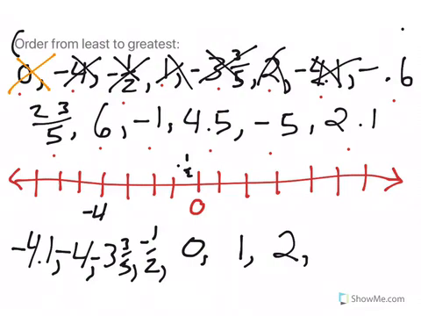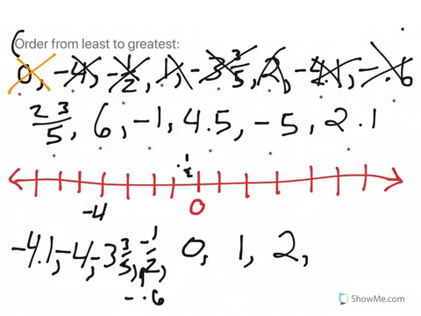Well, I may not know exactly where that goes, but I see that I have a -1/2 here. -1/2 is -0.5, so -0.6 would be a little bit farther back than that. So my -0.6 is going to go right in here. And ideally on a piece of paper and using a pencil, you'd have more room to write these out. I just have the space that I can, so we're making it work.